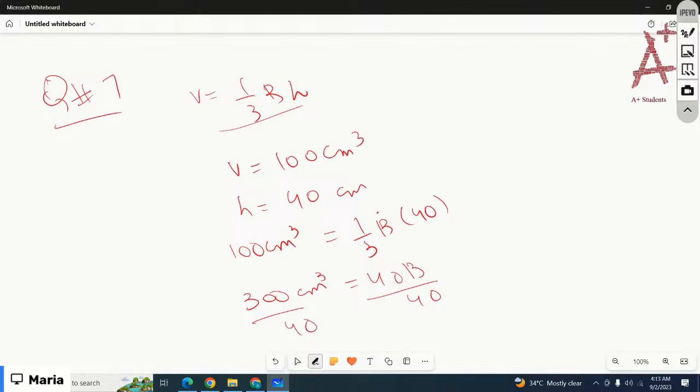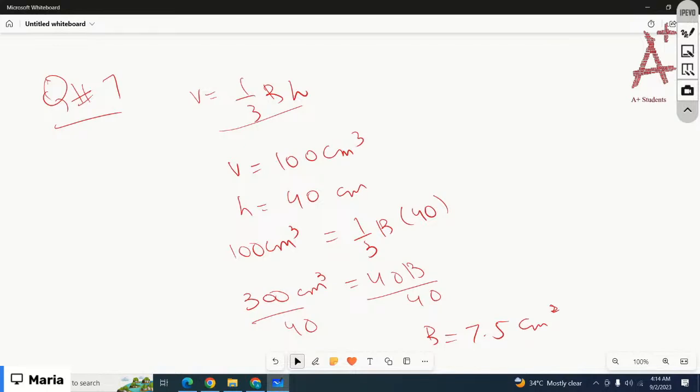Okay, 300 divided by 40 is 7.5, right? That means the base area is 7.5 centimeter square. Centimeter is not centimeter square, right?